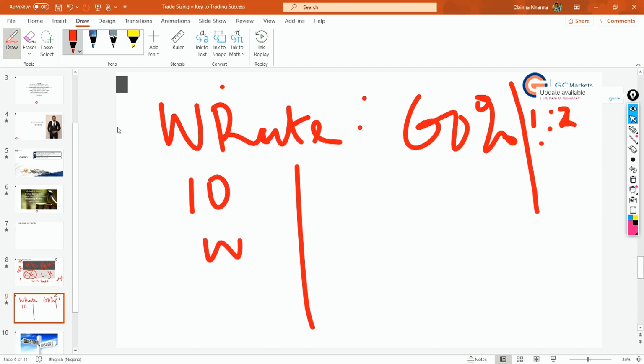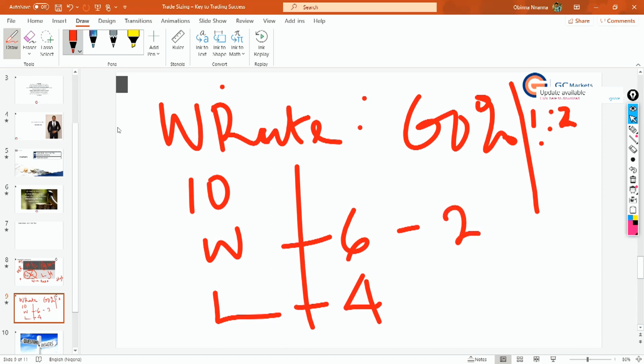The 6 wins will be $2 for each trade we win, times 6, which is 12. But for each trade, we are risking just $1 and we lose only 4 times. So now you have 4 and then you have a total net of $8.